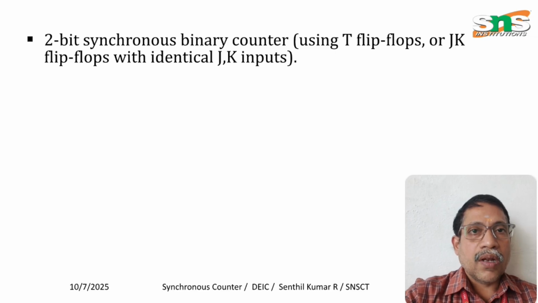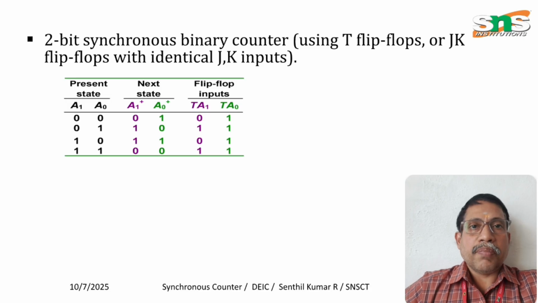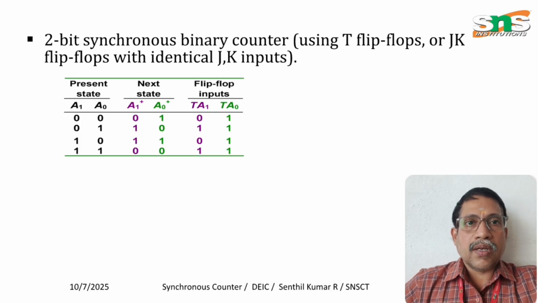Right. Now, the next step, after drawing the state table, is the excitation table. See here, the excitation table is shown. The present state is A1 and A0, and the next state is A1+ and A0+.